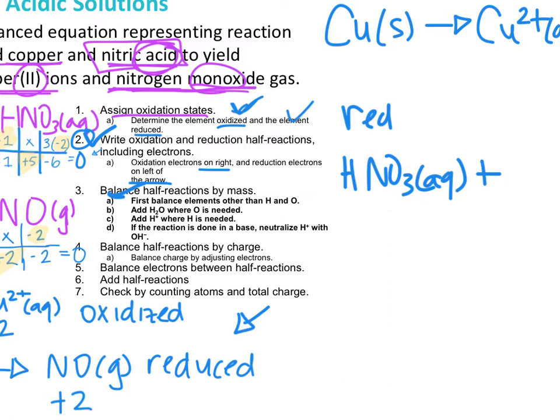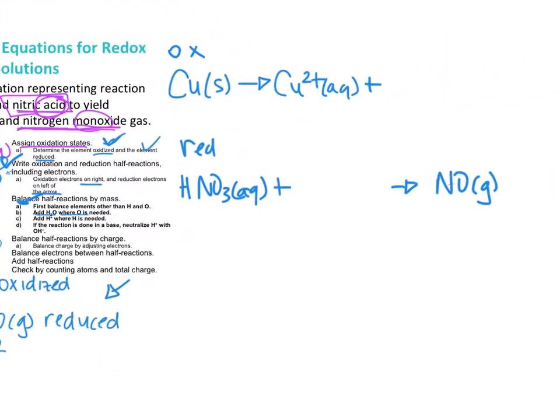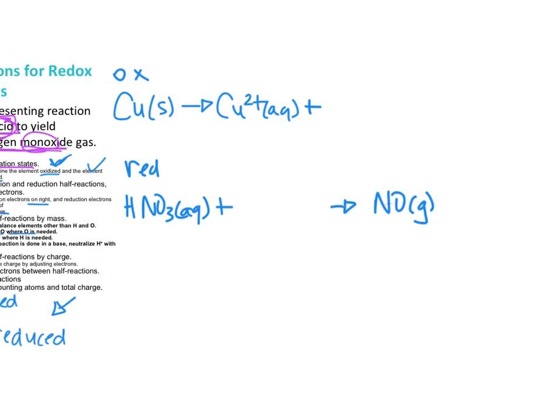And next we are going to add water molecules, liquid water molecules, where O is needed. So I'm going to show you how to do this. Anywhere you have an unbalanced amount of oxygens, you will add waters. So for example, here we have 3 oxygens. We only have 1 right there. So that needs to be balanced, so we're going to balance it using waters.